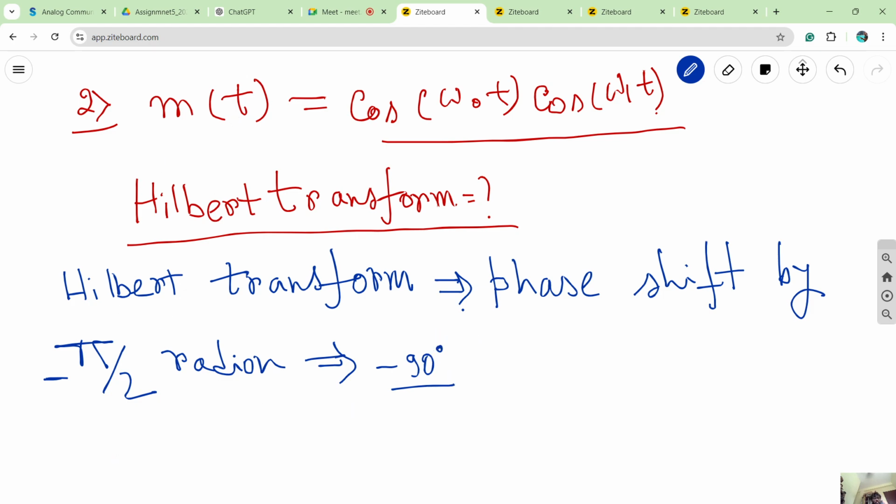So we can write it as m of t minus pi by 2.